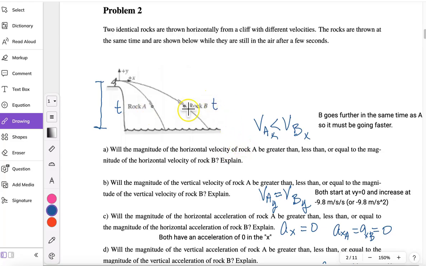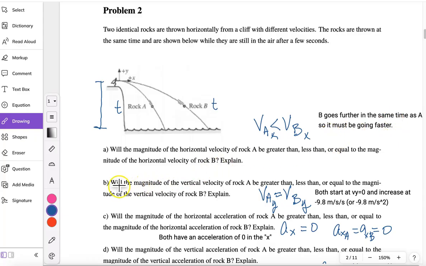If they take the same time to fall, but this one's moving faster, then it's going to go further. So at this point, we know that the velocity of A in the x direction is less than the velocity of B in the x. So the rock B has to go faster. B's going further in the same time as A, so it must be going faster.